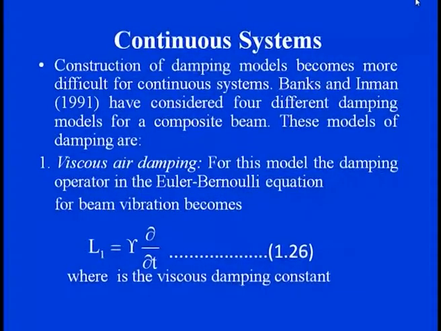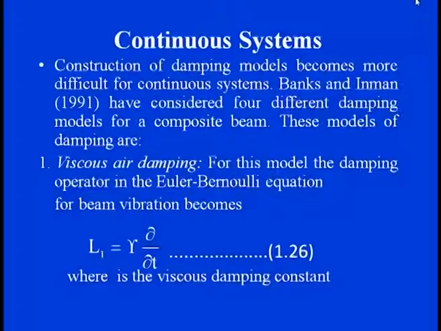Now we are moving to the second feature, which is a continuous system. For these systems, when you cannot make discrete values of damping, stiffness and mass, the damping model construction is very difficult or complex, because in a continuous system the properties are so linked that interdependence is one of the important features.